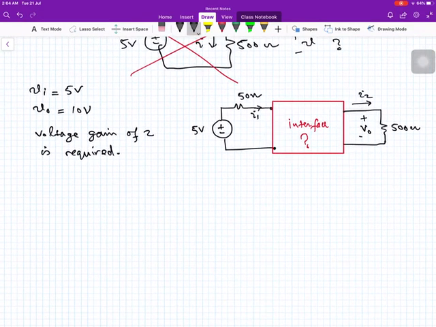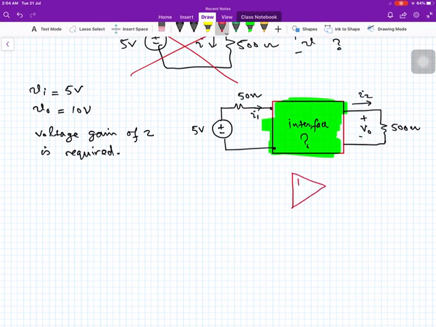We can achieve the voltage gain of 2 due to the interface which is based on active circuits, meaning the operational amplifier. So we can use the operational amplifier in a non-inverting mode, and say the voltage at this side is V1.